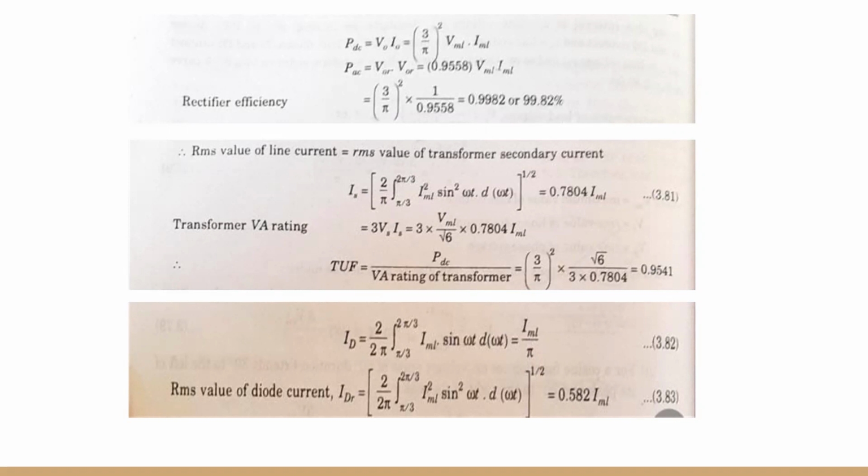Then the RMS value of diode current IDR is equal to the square root of 2 upon 2 pi integration from pi by 3 to 2 pi by 3 of IML square sine square omega t d omega t, which is equal to 0.582 IML. The next slide will be explained by Tanushree.